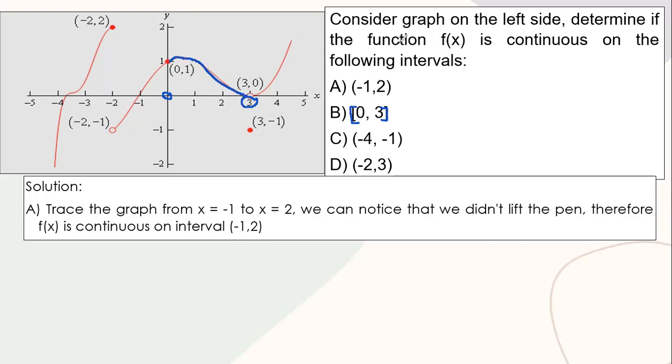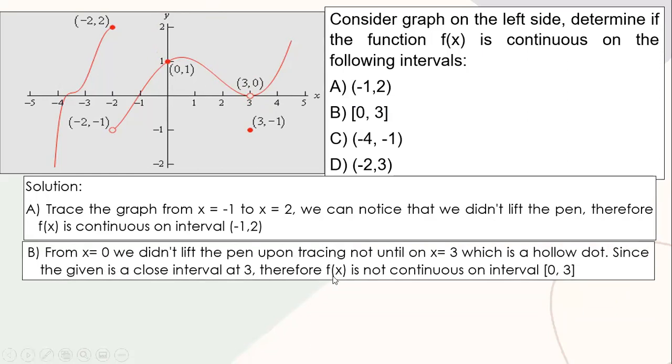Okay, so pagdating sa 3, naka-encounter tayo ng hole. So since included si 3 sa ating interval, we can say that our graph or function is not continuous.